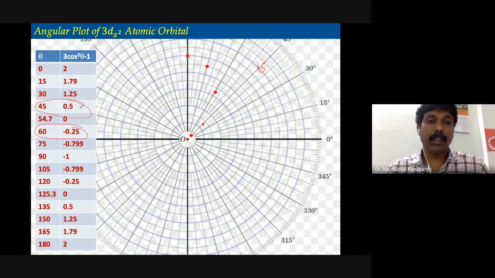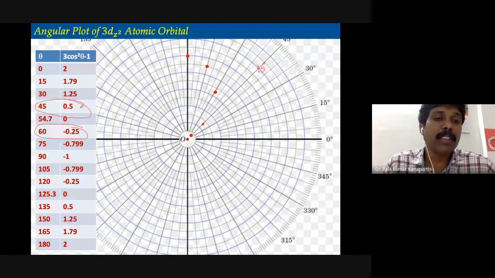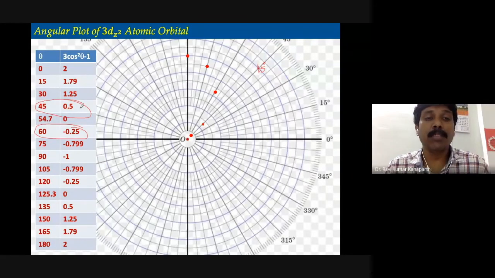In between, the function should be 0, right? Somewhere at a particular angle the function is vanishing. That angle has to be marked, and that angle is nothing but 54.7. In fact, this is called the magic angle.